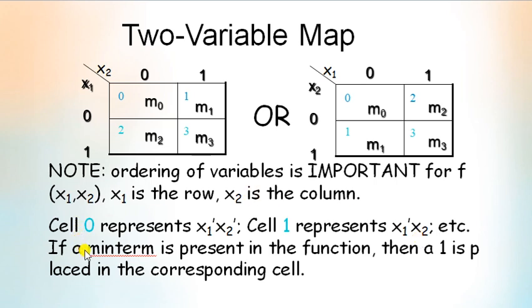If a minterm is present in the function, then a 1 is placed in the corresponding cell. When we write a 1, we can assume that there is a minterm present in this cell.